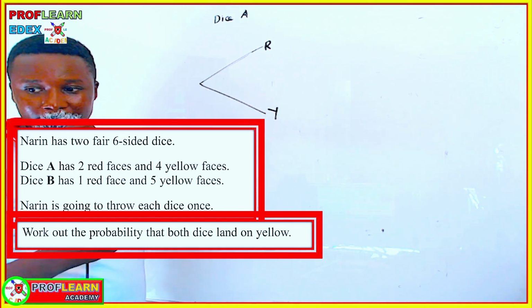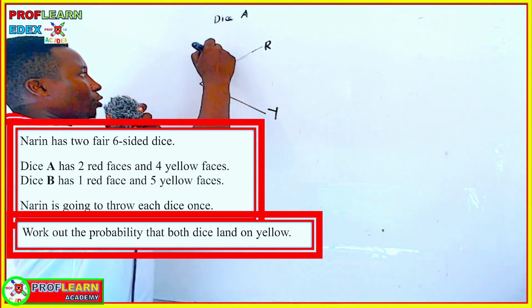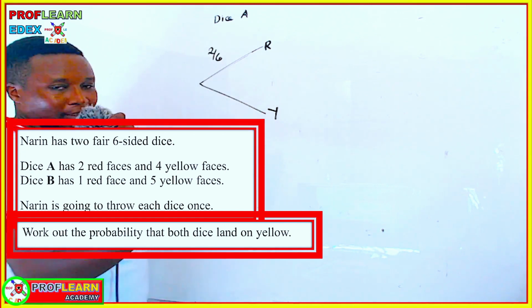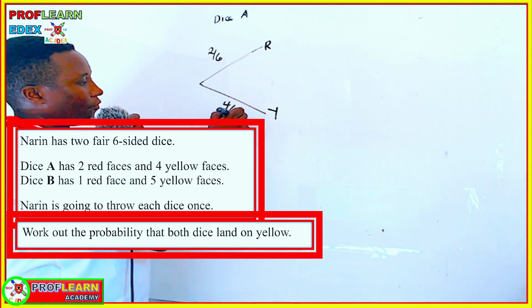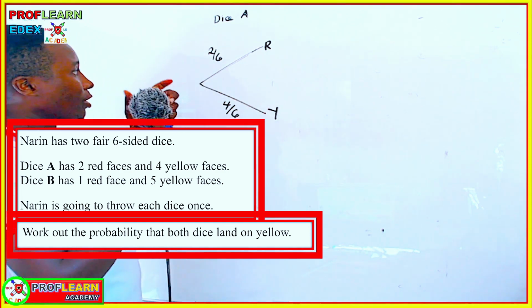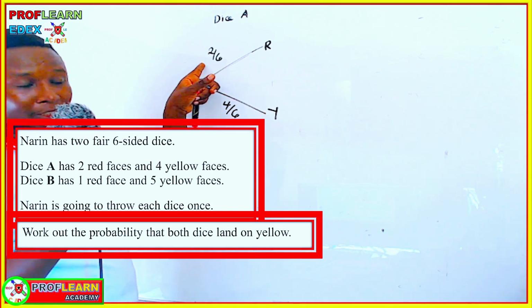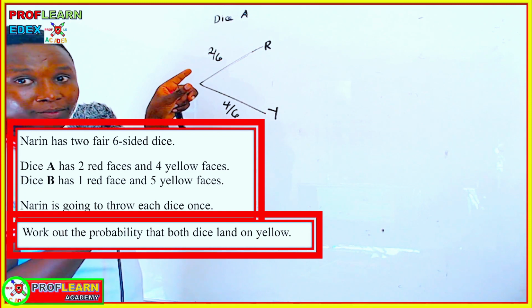So what's the probability for it to be red for dice A? It is 2/6, and then we have 4/6 because a dice has 6 faces. 2 of them are red, so the probability for it to be red is 2/6.